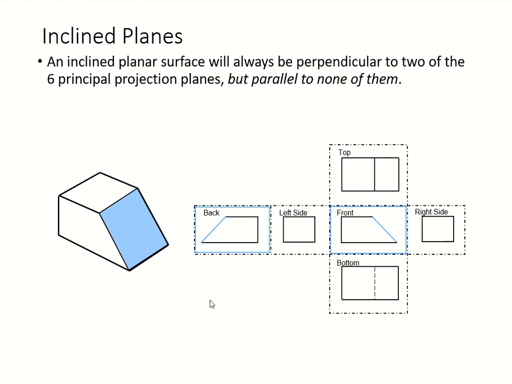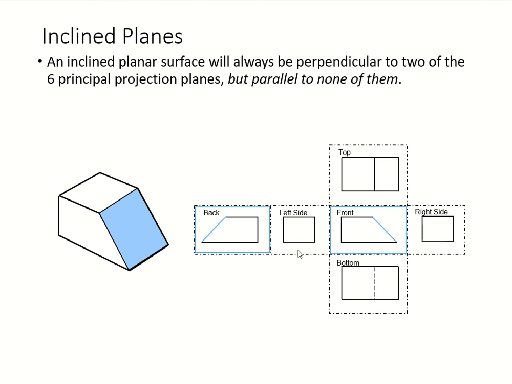So this inclined surface is always perpendicular to two of the projection planes. And definitely, since it's an inclined, sloped surface, it wouldn't be parallel to any one of them. It won't be parallel to any of the projection planes, but perpendicular to two of them.